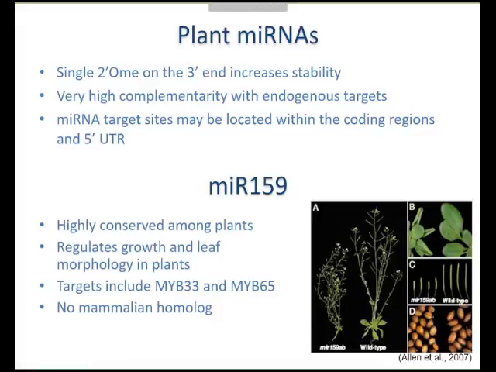Targets of miR-159 in plants have been identified, and those include MYC33 and MYC65. Both are important in lineage differentiation and growth. For these two identified plant targets of miR-159, we couldn't find any homologs in mammals, and thereby we used our own way of trying to find the potential mammalian targets of this plant microRNA.